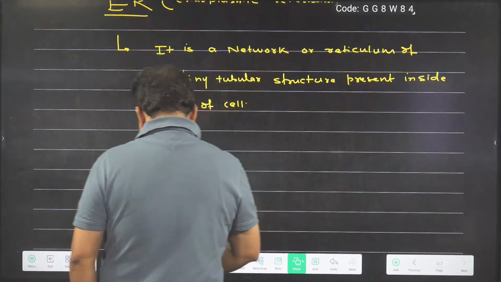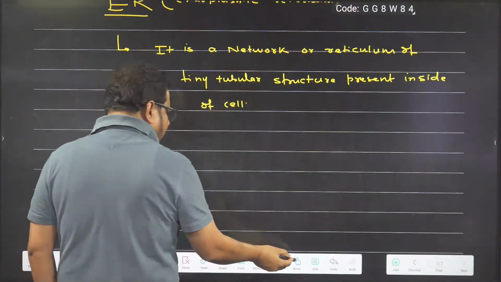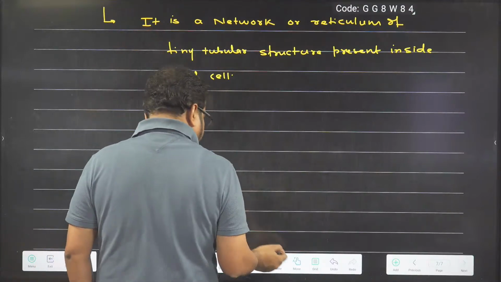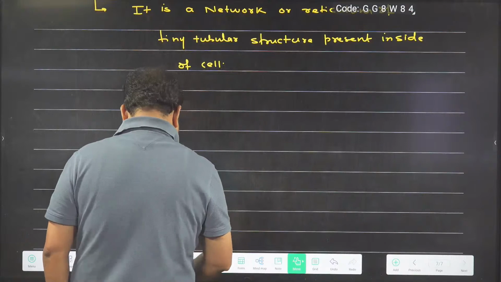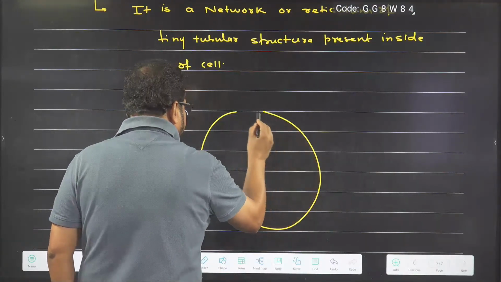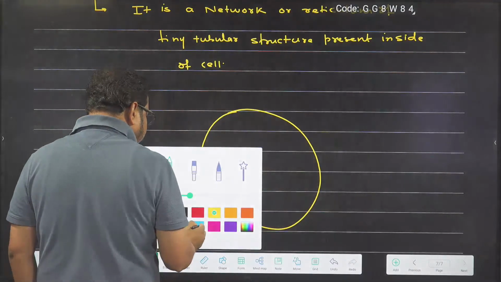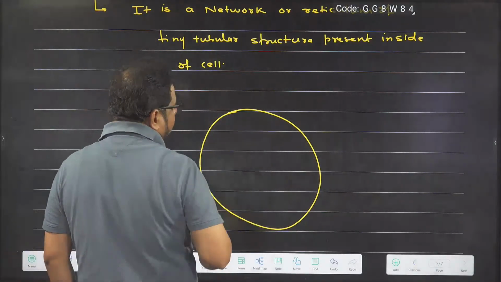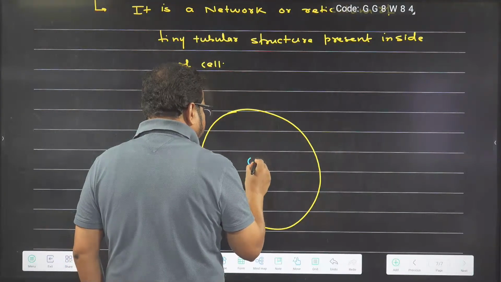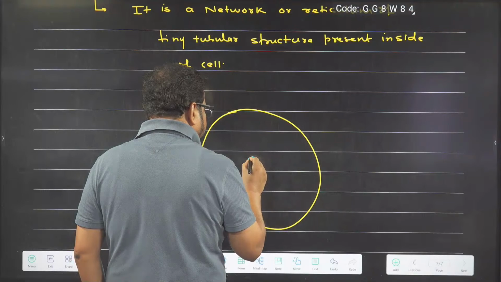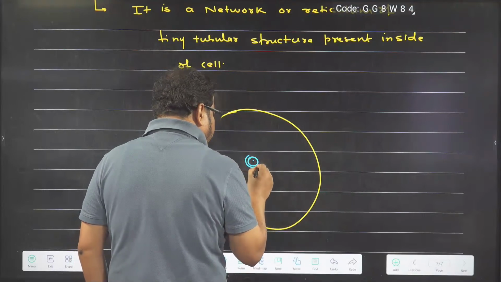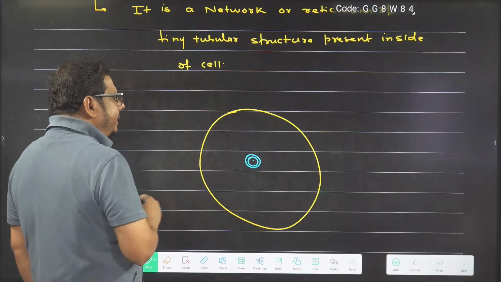Got the idea? So I am drawing the diagram of it, so then you will understand it better. Give your attention. This is a cell. I am just drawing an animal cell, and here is the nucleus. I am not drawing the detailed structure of the nucleus, I am just symbolically making a nucleus.